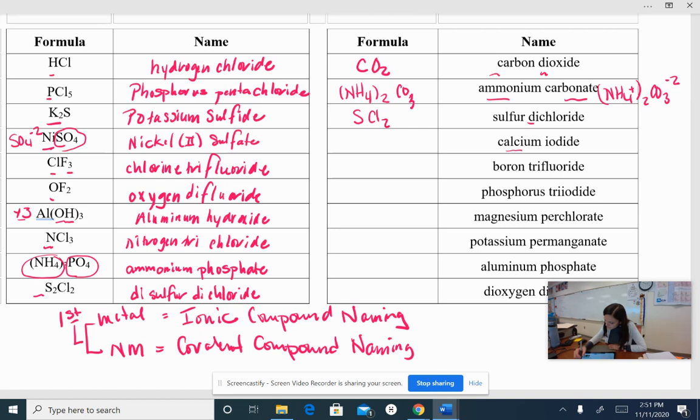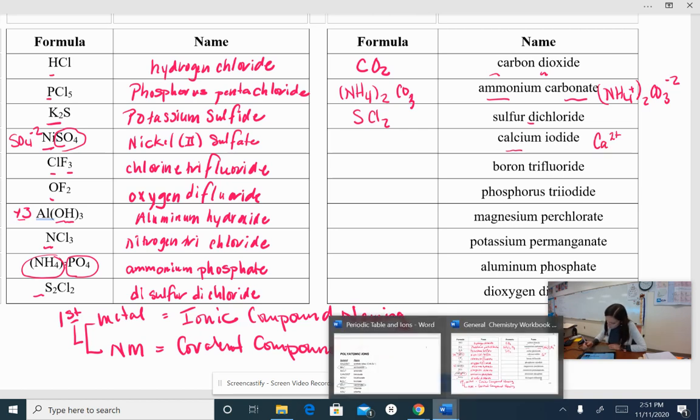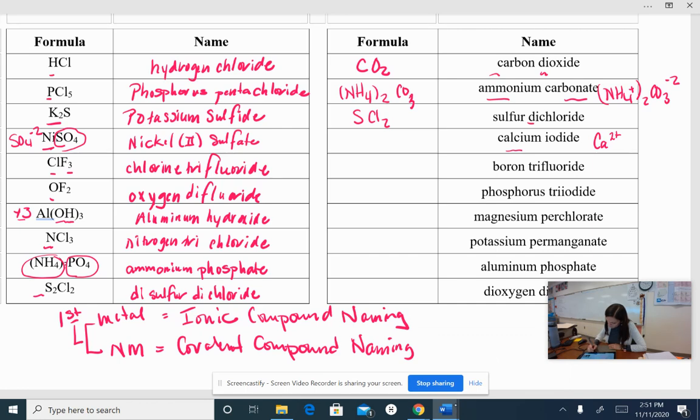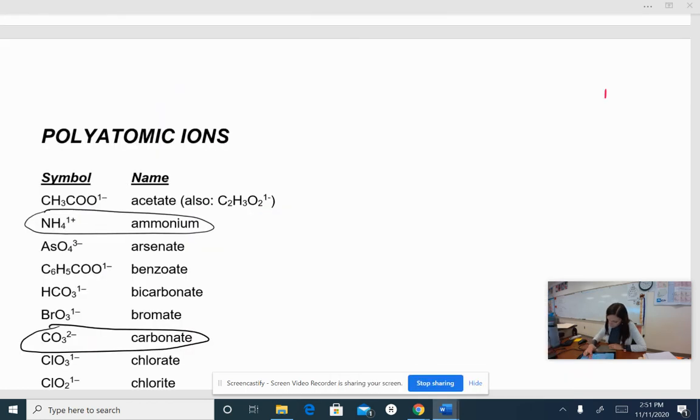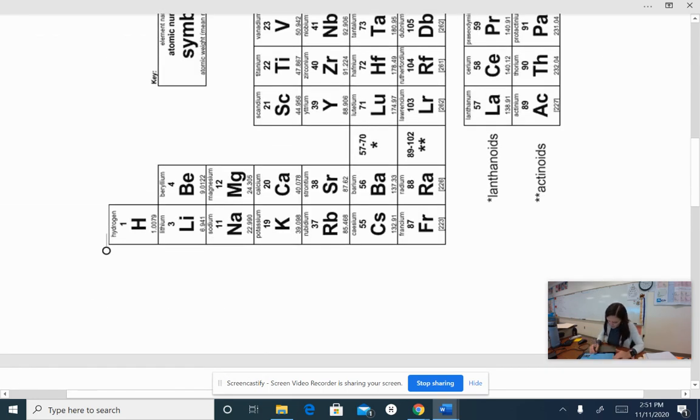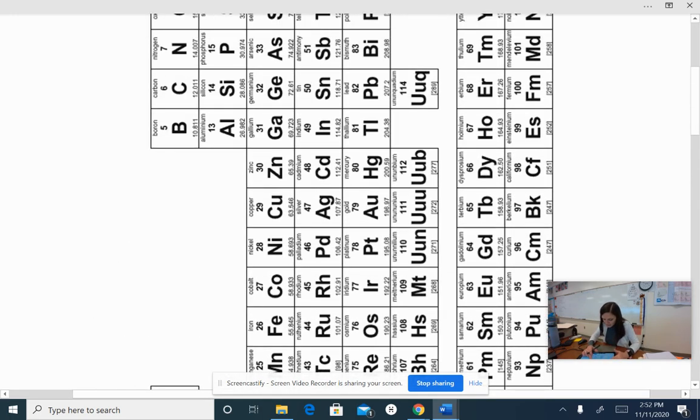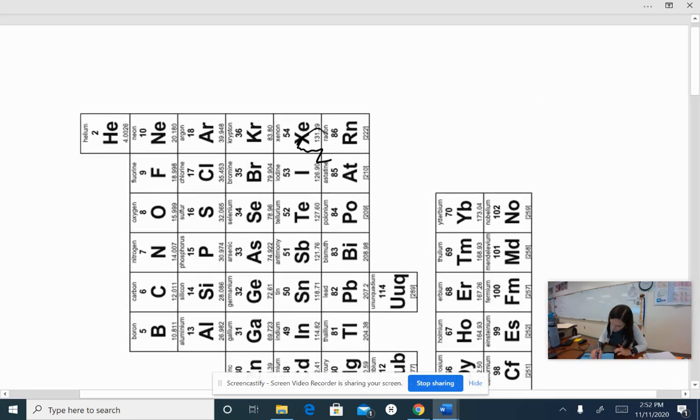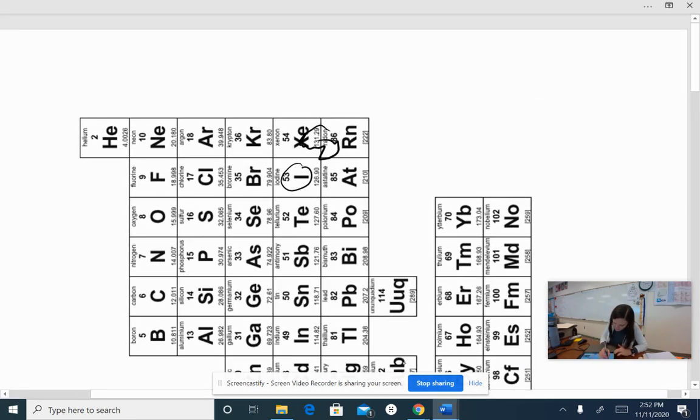Calcium, ooh, that's a metal. Calcium is an alkaline earth metal, so it will acquire a +2 charge. Okay, so it's right here. It's in that second column. So that, remember, is a +2 charge. And then the other ion there was iodide, which is right here, and it will acquire a -1 charge.